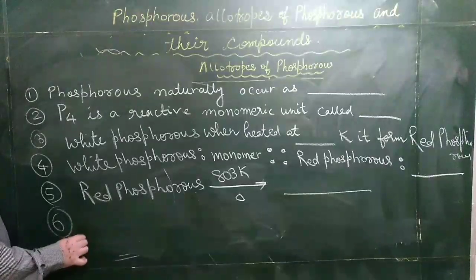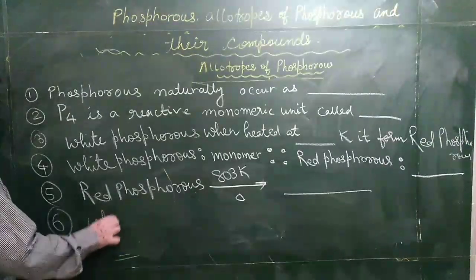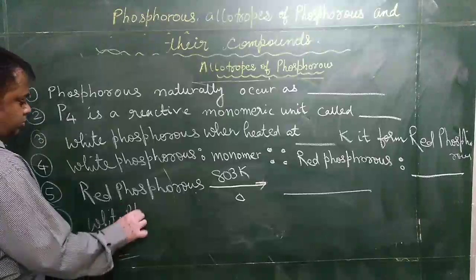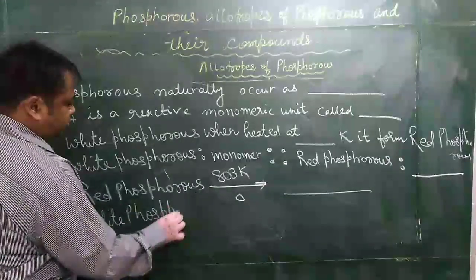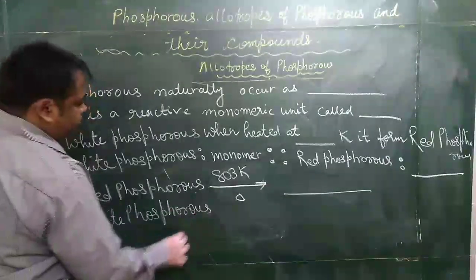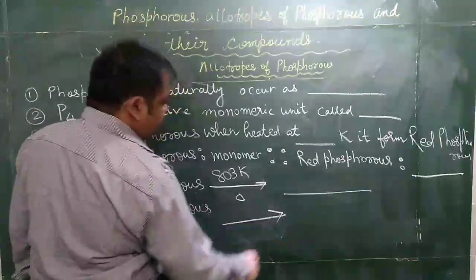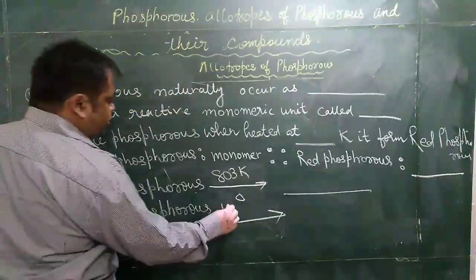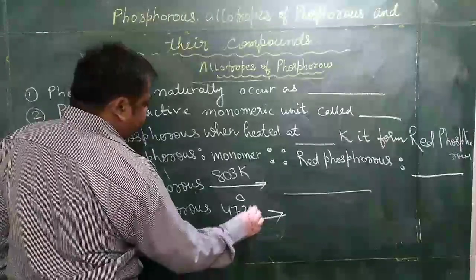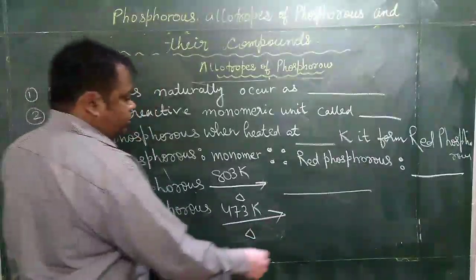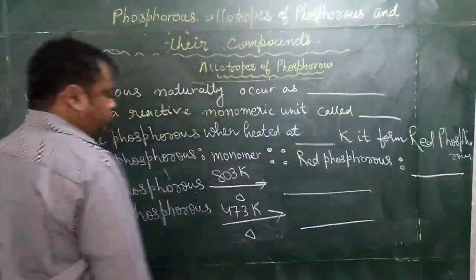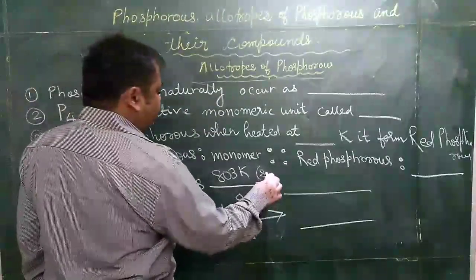And white phosphorus heated at 473 Kelvin gives what? This is done in sealed tube.